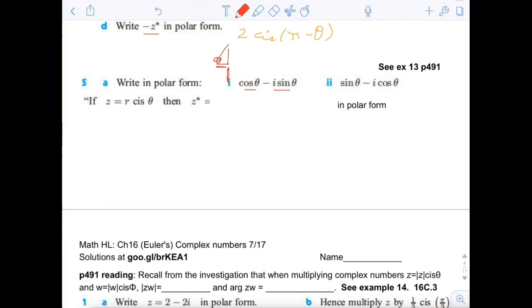So actually this is kind of the conjugate of cis theta. So this would actually be cis negative theta, right? This one here.